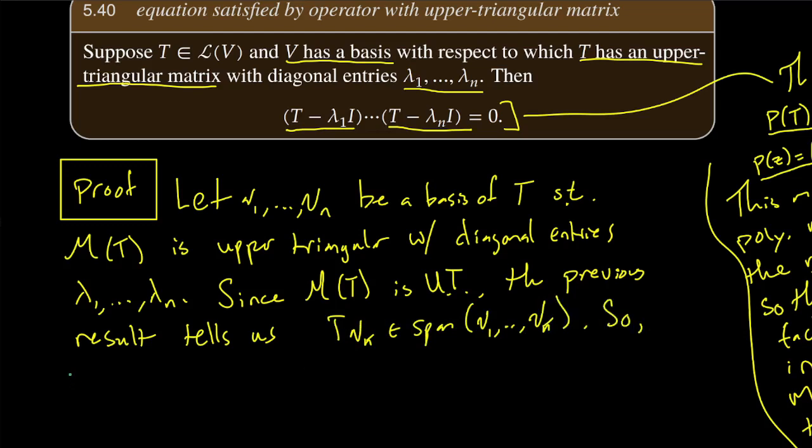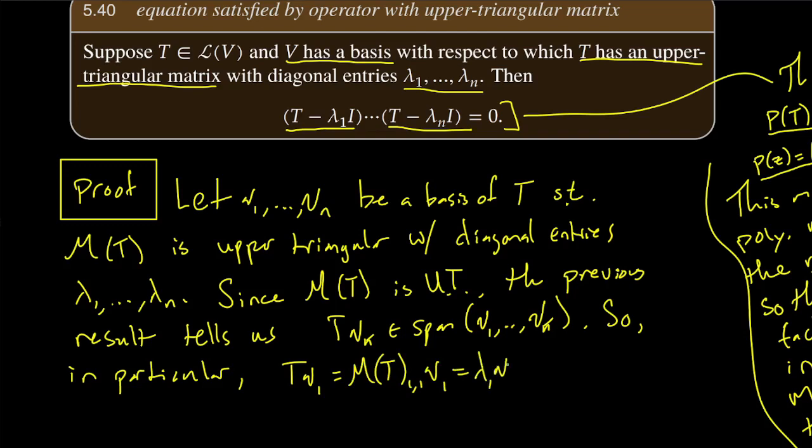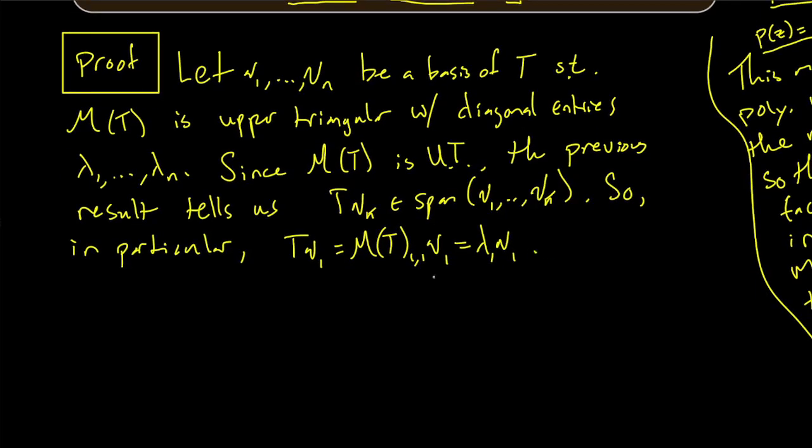So, in particular, T of v1 is equal to the matrix of T's 1,1 entry times v1, which is just lambda 1 v1. Hence, (T minus lambda 1 I) of v1 is equal to the 0 vector. Okay.